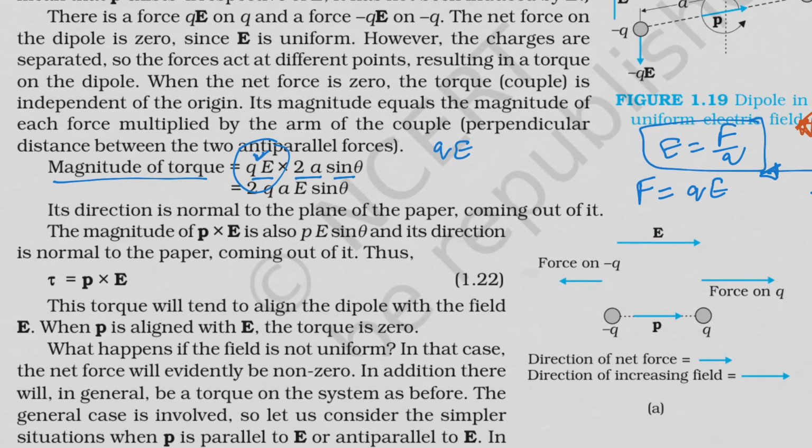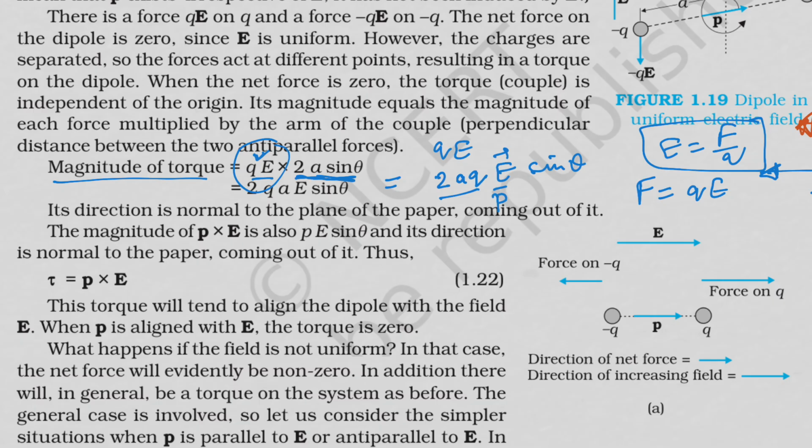What you can see here is QE 2A sine theta, 2A because there are two forces, okay, and the total torque we are talking about here is 2AQ into E sine theta, and as you know 2AQ is what?